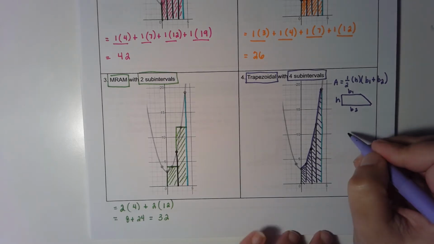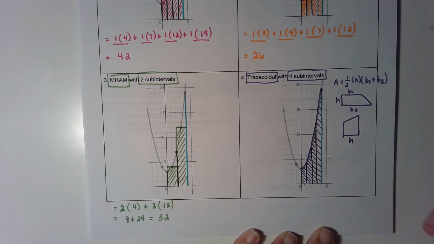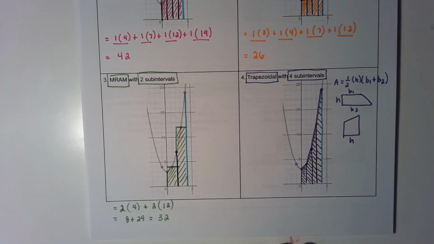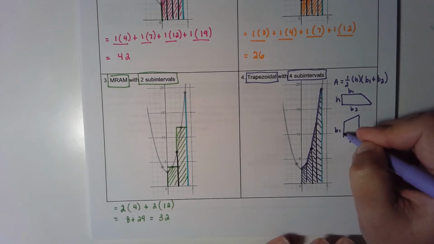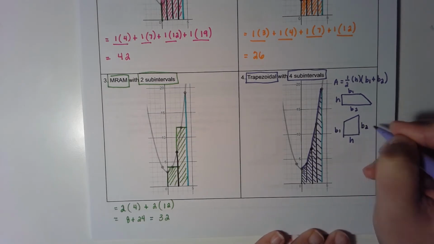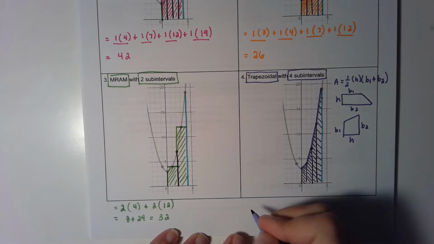So in this picture, because our trapezoids are turned sideways, the height is actually the distance between those vertical lines. Base number 1 is the first, like the left side, and base number 2 is the right side. That means that in order to find these areas, I'm going to do 4 different trapezoids.